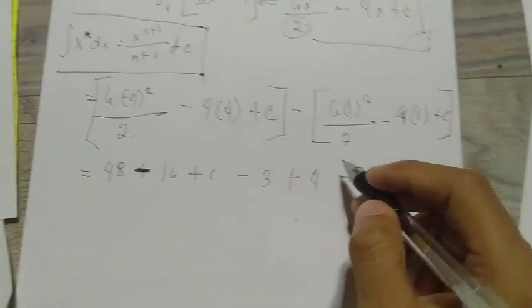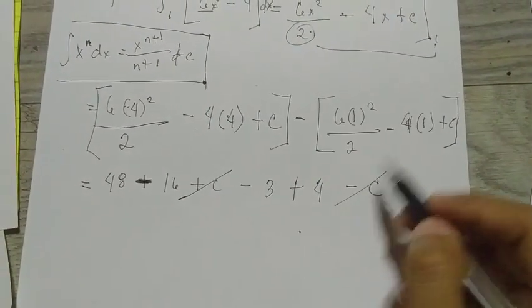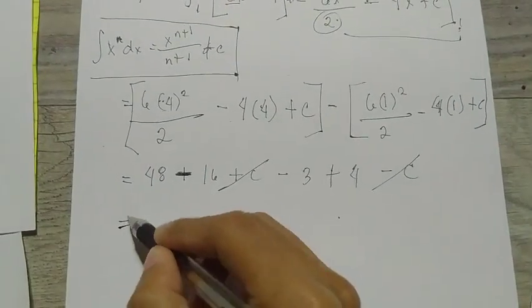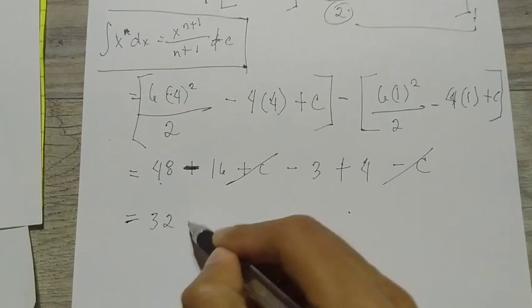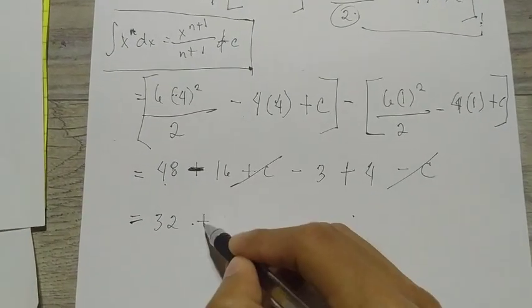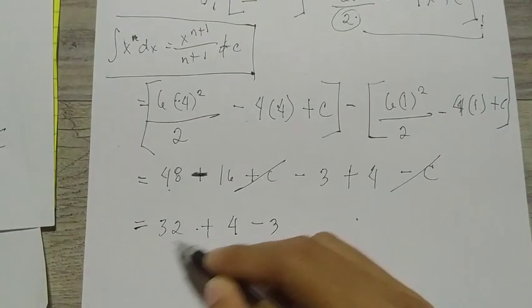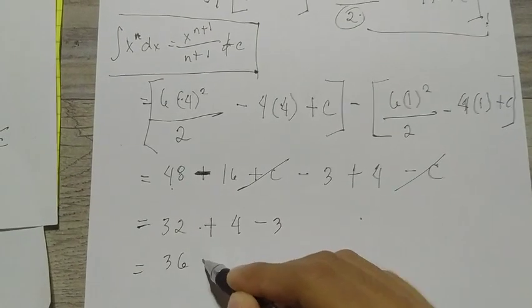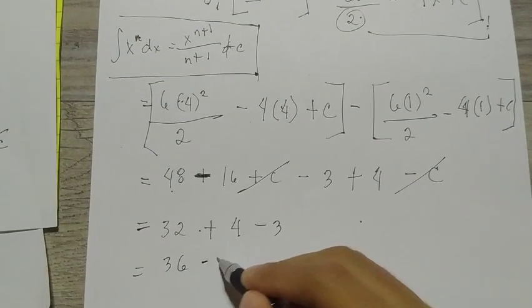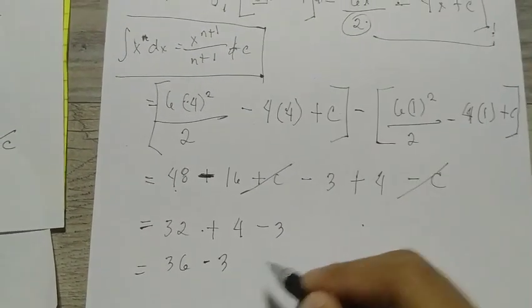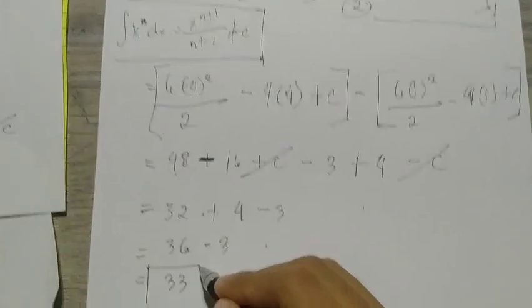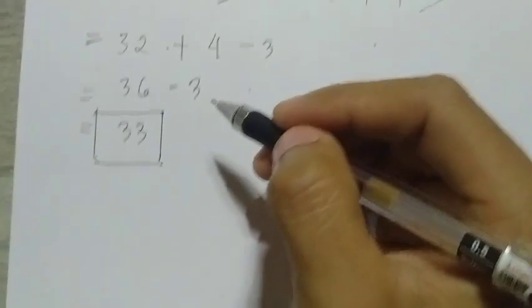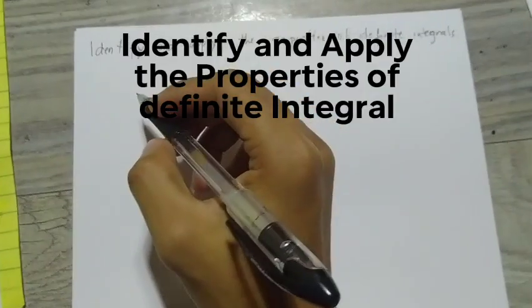So we can cancel out the constant c. So 48 minus 16 is 32, plus 4 minus 3, so 36 minus 3 is equal to 33. So our final answer is 33.